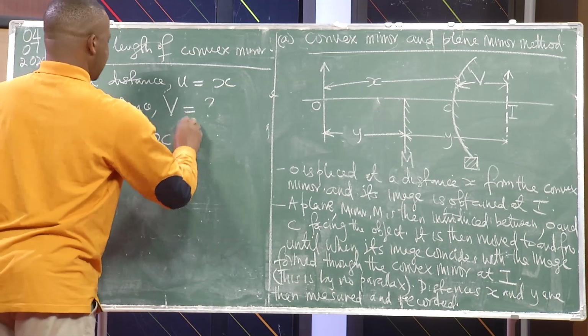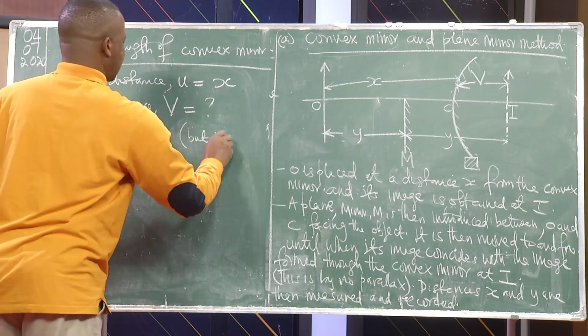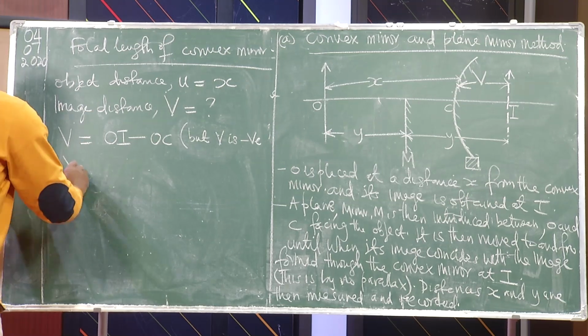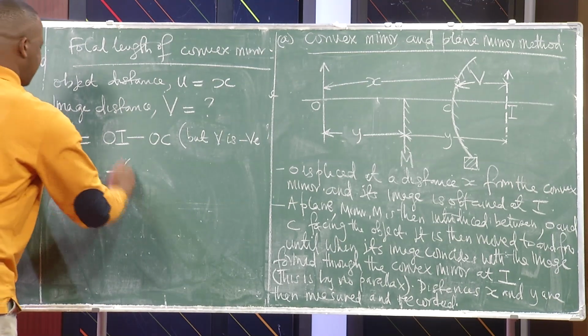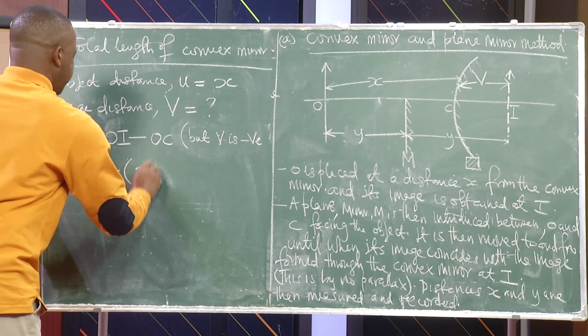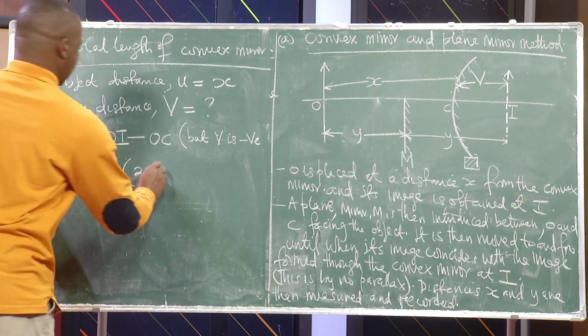But note that v is negative, so it implies that v is going to be minus. Our OI is 2y, and our OC is x.